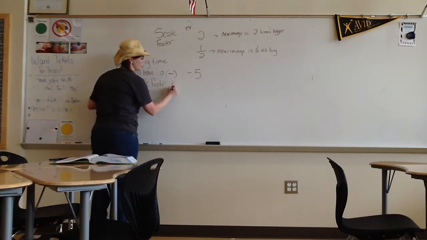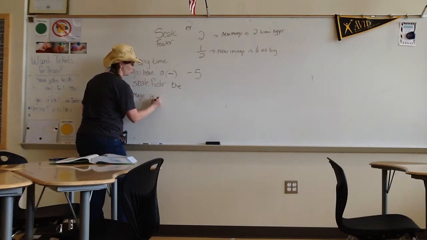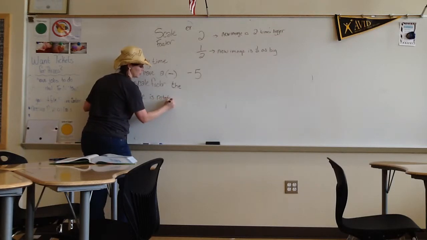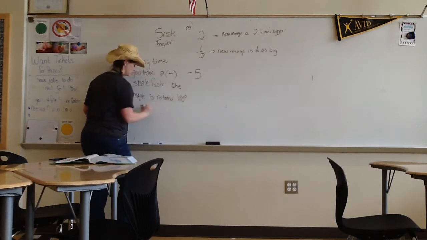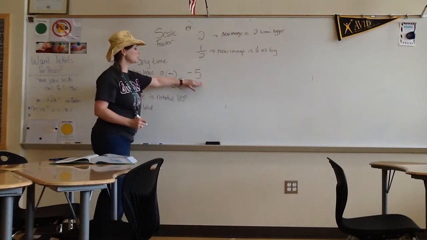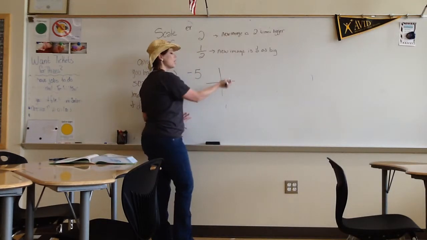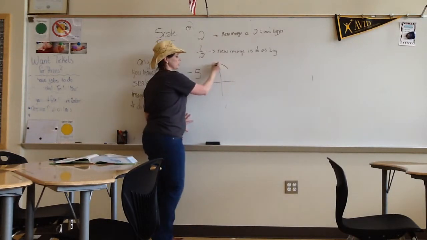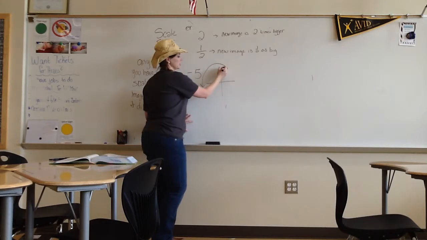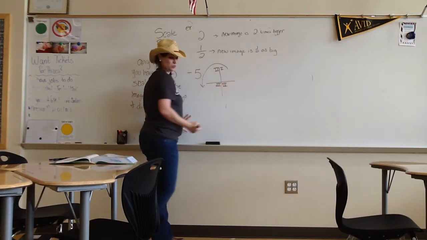Negative scale factor, the image is rotated 180 degrees and dilated. So not only would it be 5 times bigger, it would also be rotated on the coordinate plane 180 degrees. And remember, anytime you're doing rotation, you always go counterclockwise, because that's the way they numbered the quadrants. Why they numbered the quadrants that way, I don't know.